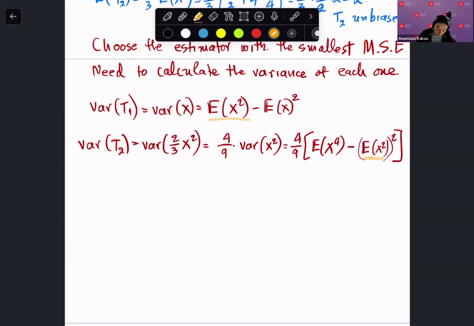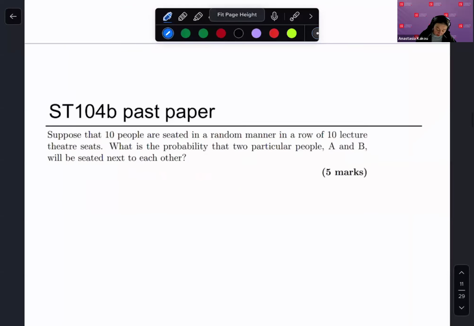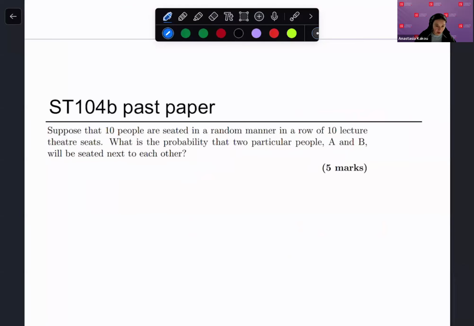All right, so let's move on to the next question, which is just a probability question. In this type of question, you need to try to identify independent events, whether you are given conditional probabilities.